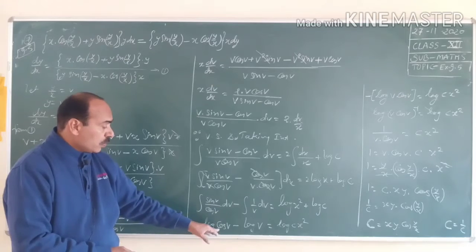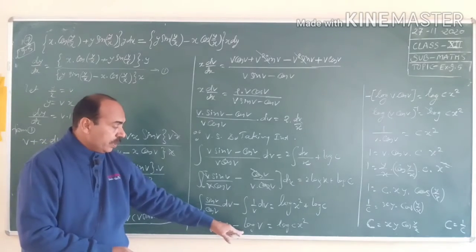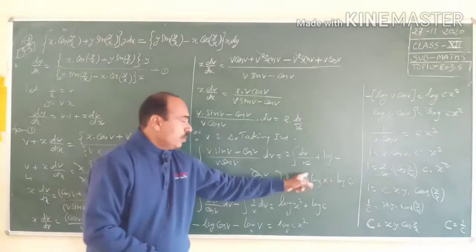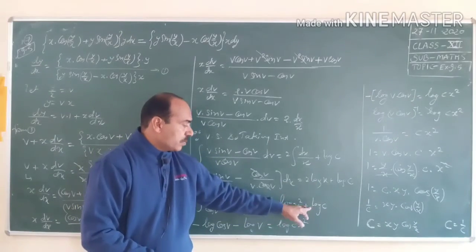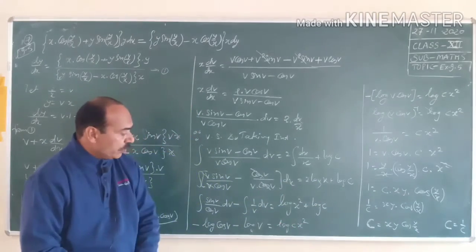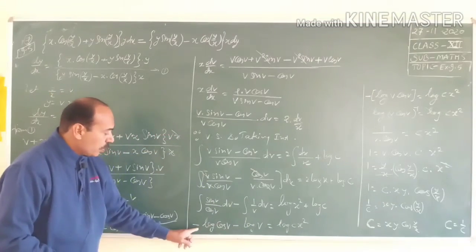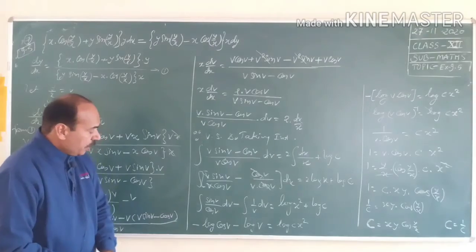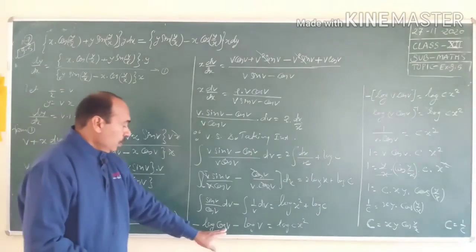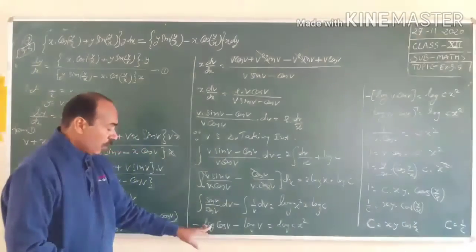So we have minus log cos v, and log v on that side, and the 2 transferred gives log x² plus log c, which by the logarithm rule is log c x². If the minus sign is taken common, both terms become positive, and it becomes log(v cos v).